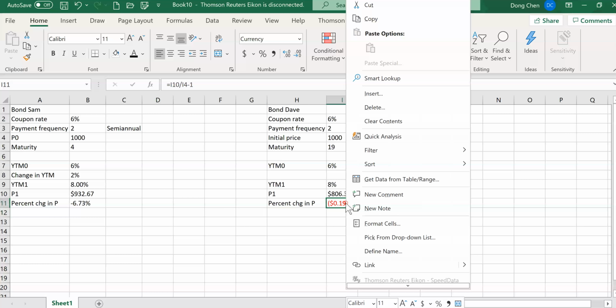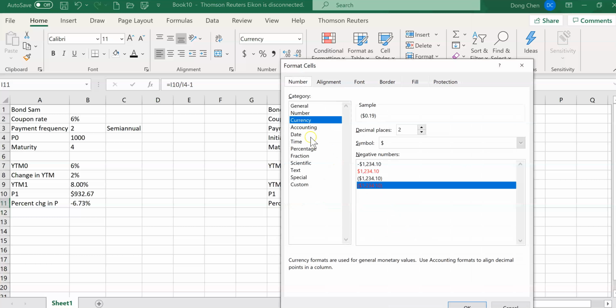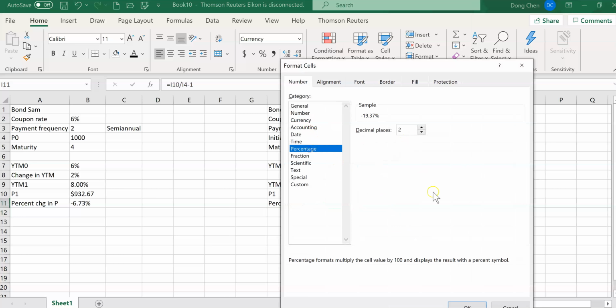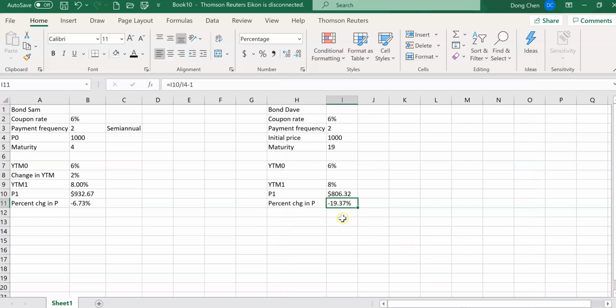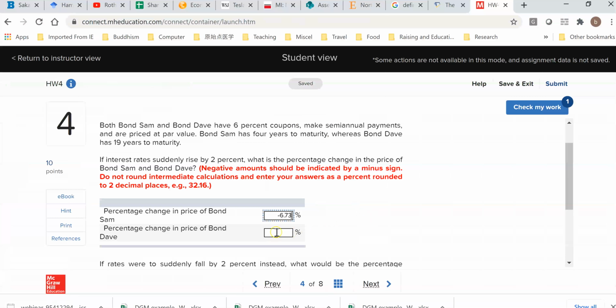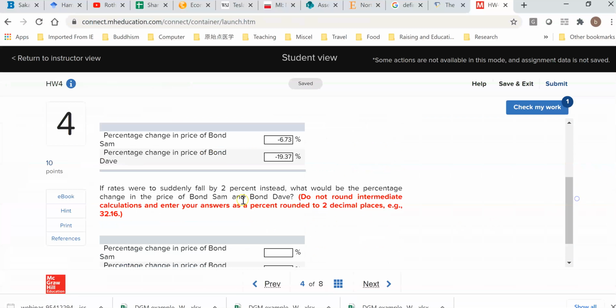So again, change the format here to be in percentage terms and keep two decimal places. So this will give me negative 19.37% and put that number back, negative 19.37%.